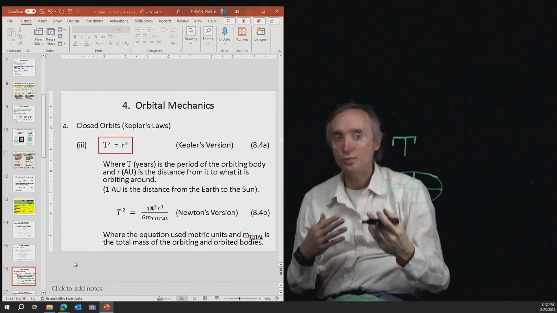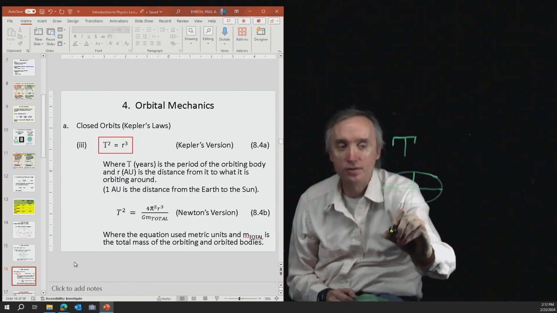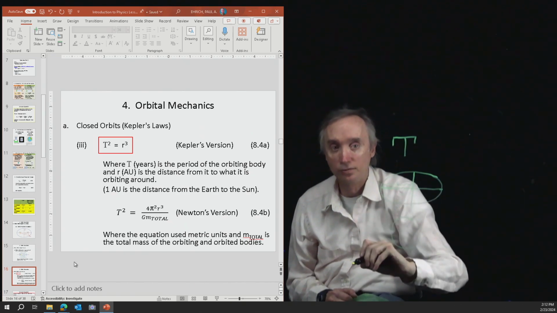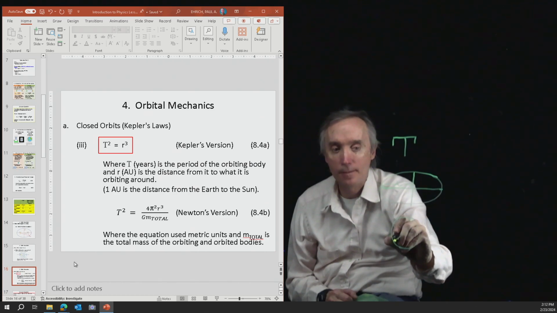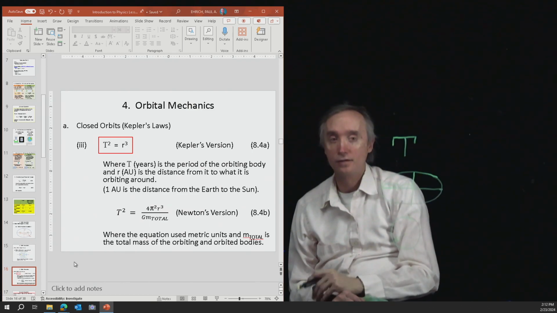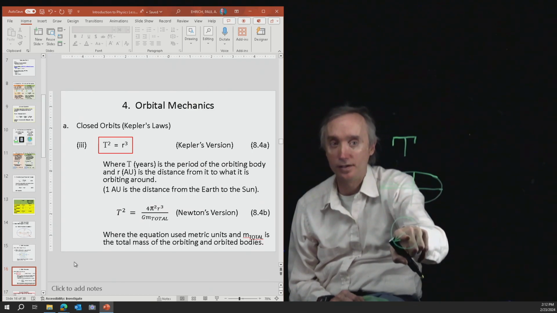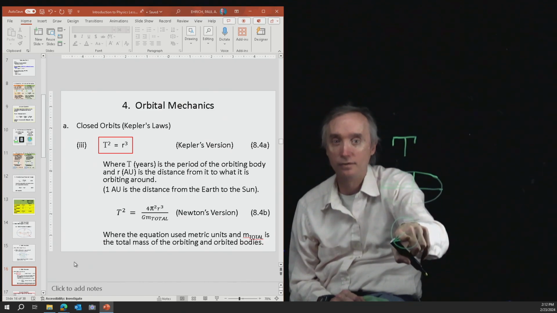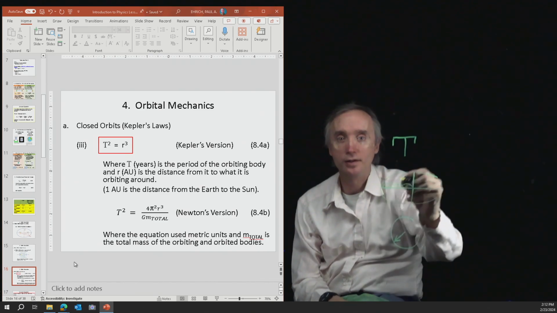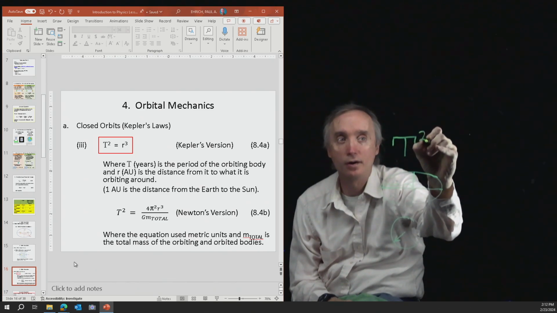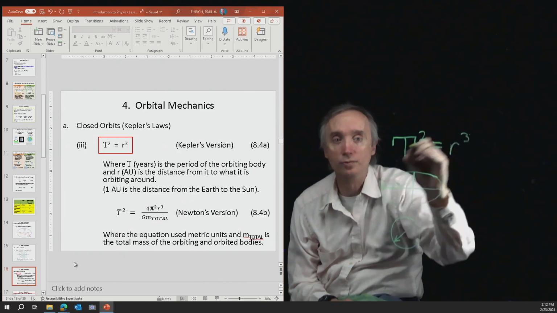But we said that for most planets it's going to look like a circle. So instead of using the semi-major axis for the r in that formula, we're just going to use the radius of the orbit. So our formula is the period squared is equal to r cubed.